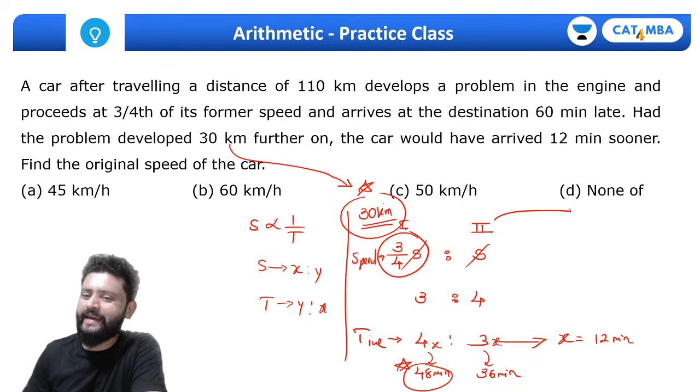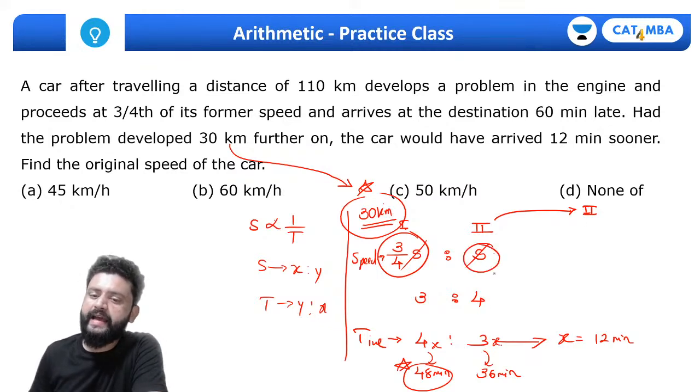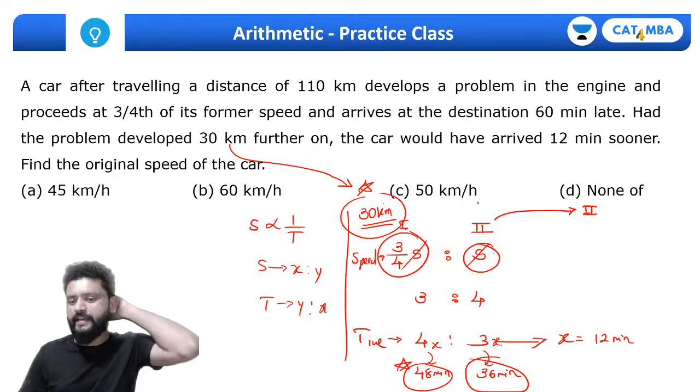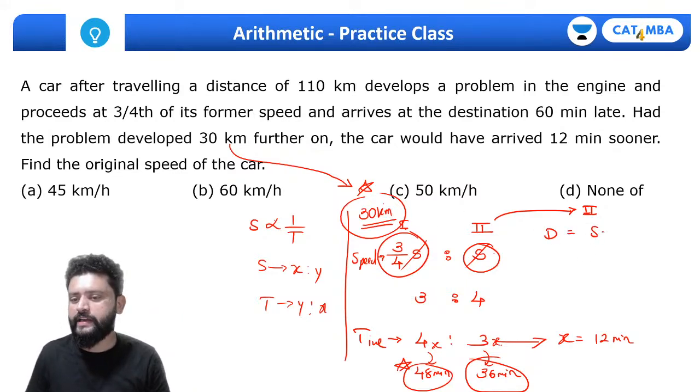So I'll take the second case, because there the speed was s, the time was 36 minutes and the distance was 30 kilometers. We know distance is speed into time. The speed in the second case is s, time required is 36 minutes, and distance traveled in the second case is 30 kilometers.